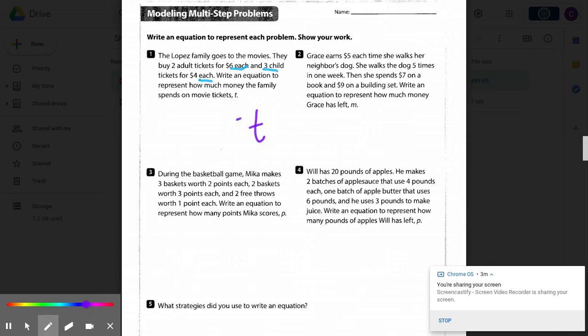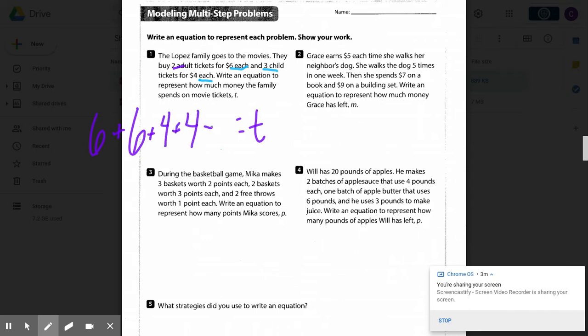It would still equal T, the money the family spends on movie tickets, but instead I would do 2 adult tickets, so 6 plus 6, and 3 child tickets for $4 each would be 4 plus 4 plus 4, because you see I have the 3 fours and the 2 sixes. Either one of those is still going to get me the same answer, and it's still going to show me how much money the family spends on movie tickets.